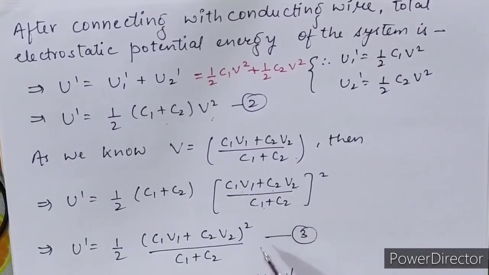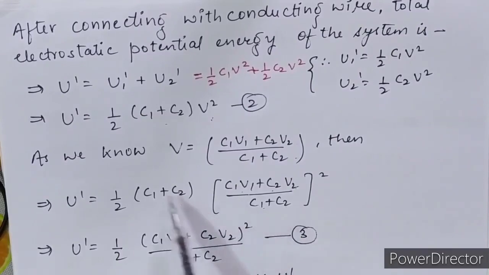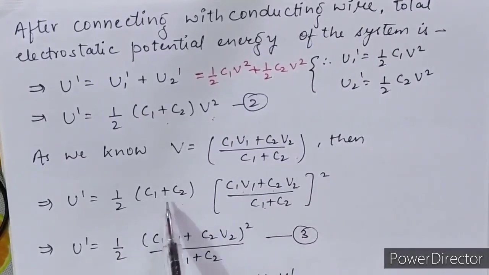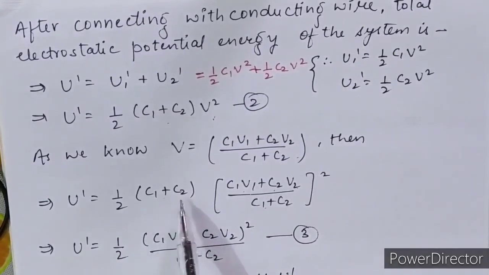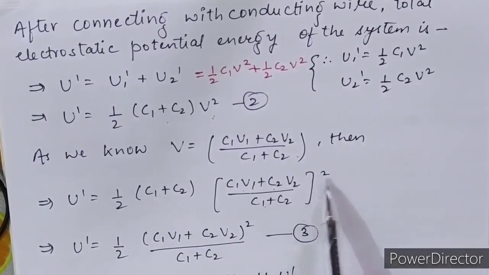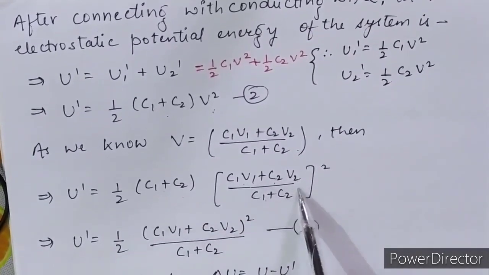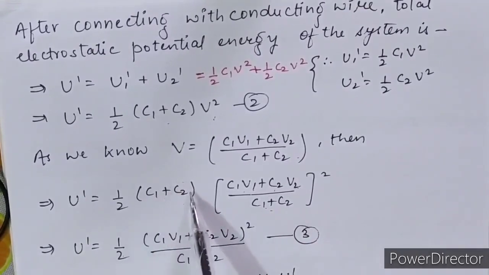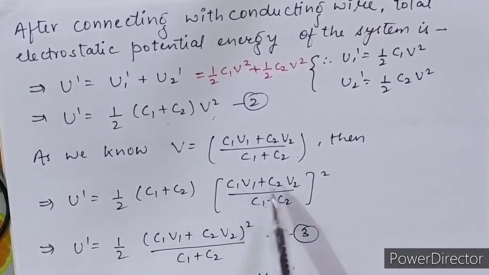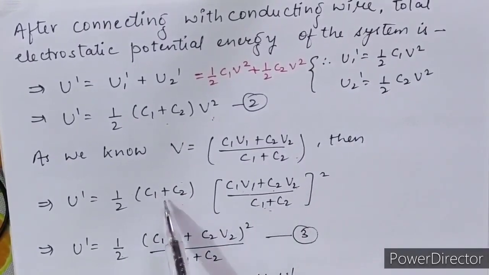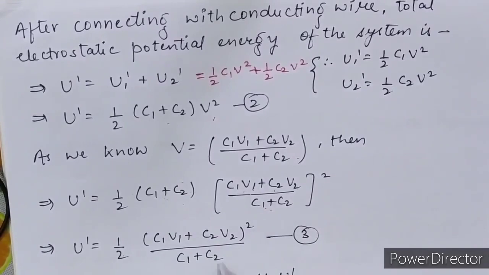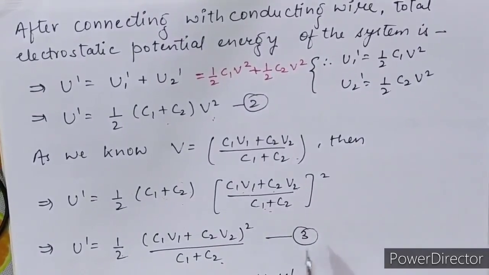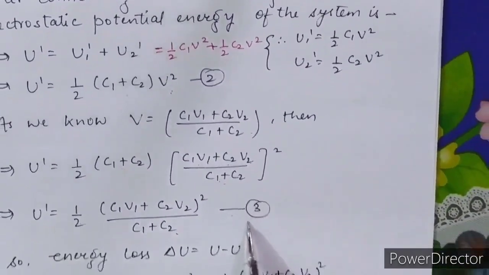Now this C1 plus C2 and the C1 plus C2 having a square, one factor cancels out. So half (C1 V1 plus C2 V2) square divided by the remaining C1 plus C2. Equation number 3.